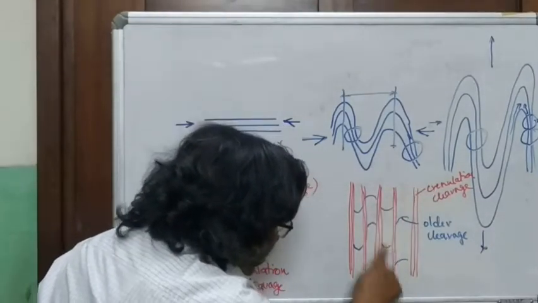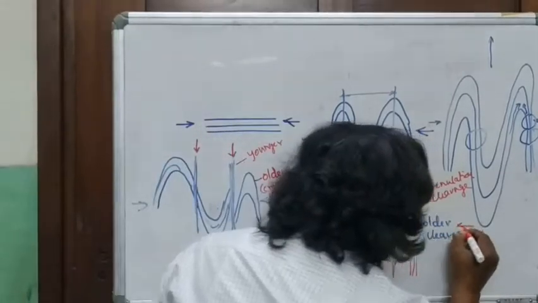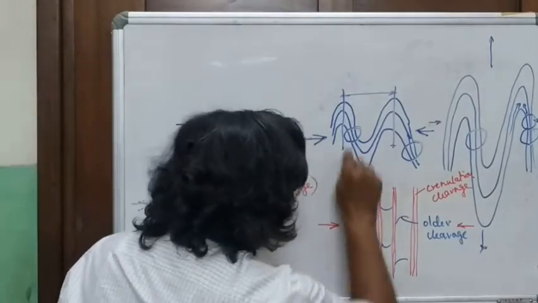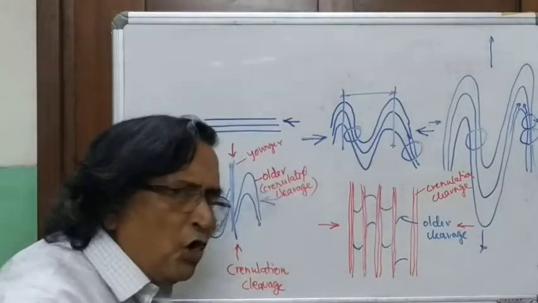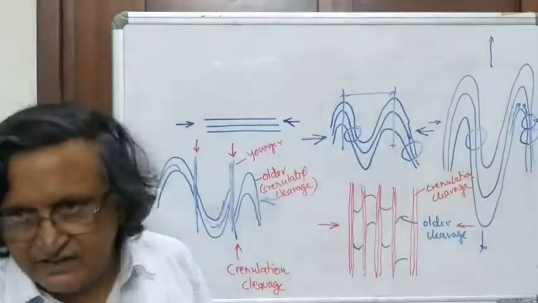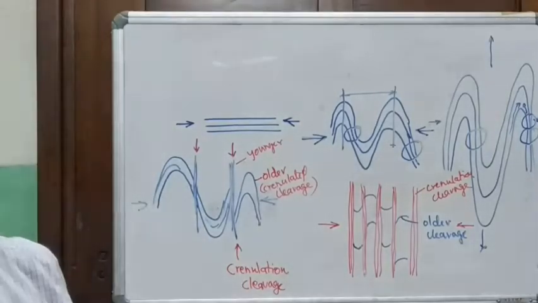These are the new cleavages formed at 90 degrees to the shortening direction. And these hinges are now almost being obliterated because of the intensity of deformation.